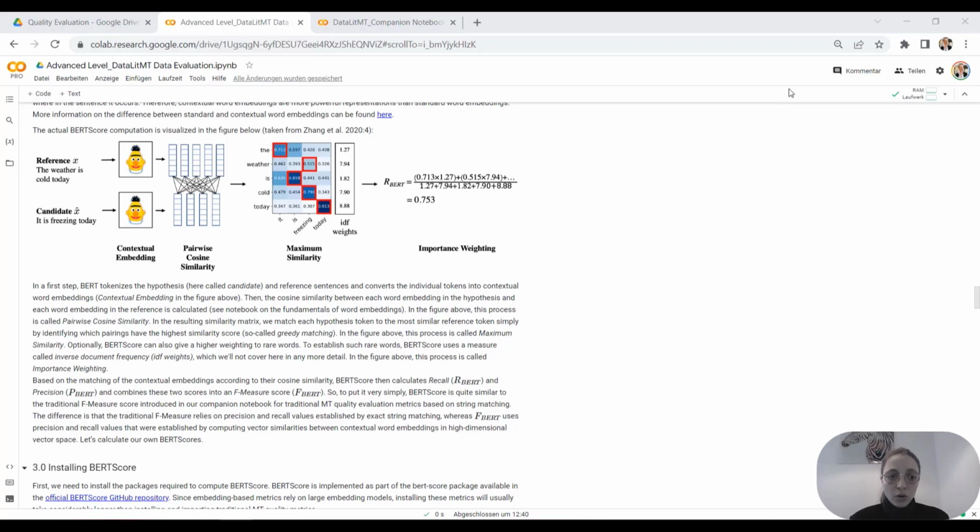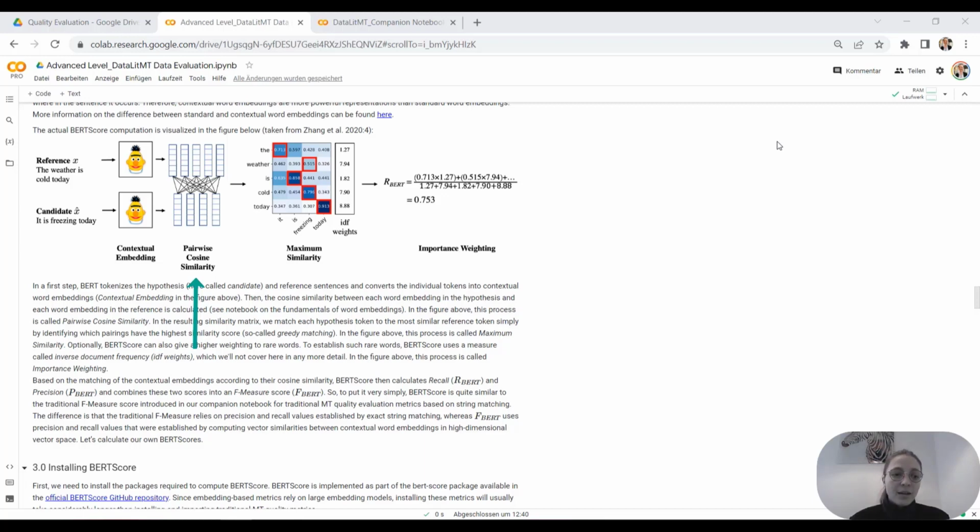So BERT tokenizes the hypothesis sentence into a candidate and into a reference sentence, and then it converts the individual tokens into contextual word embeddings. You can see the part of contextual embedding above. Then it calculates a cosine similarity between each word embedding in the hypothesis and each embedding in the reference. This is also explained more closely in the companion notebook.